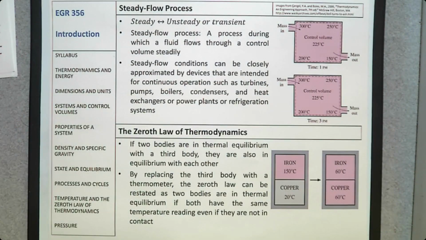The first one is important. Steady and unsteady, or transient. There are steady problems and unsteady problems. What makes it a steady problem is that things don't change in time. If the properties change in time, that means an unsteady or transient problem.